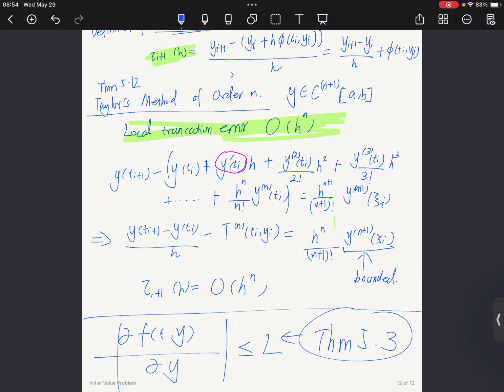This is something about theorem 5.3, which uses the mean value theorem. Any questions? If you don't have any questions, you are safe to leave. If you have any questions, please come over here.